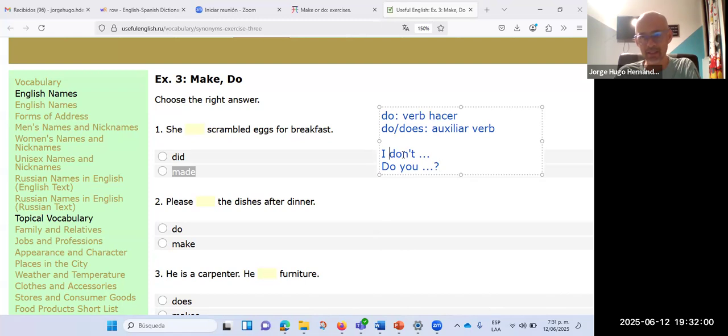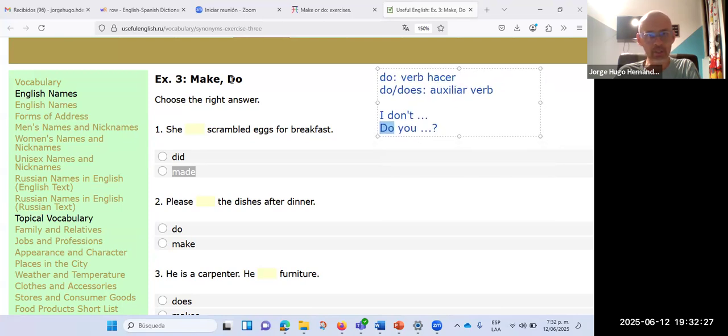In these cases, do is not the verb hacer. It's the auxiliary verb. For example, here, do not in order to make negative sentences, and it means no. Do you in order to make questions in present, but this do doesn't mean anything, no? But here we are using the verb do like hacer, no? Okay, so she did scrambled eggs for breakfast, or she made scrambled eggs for breakfast.